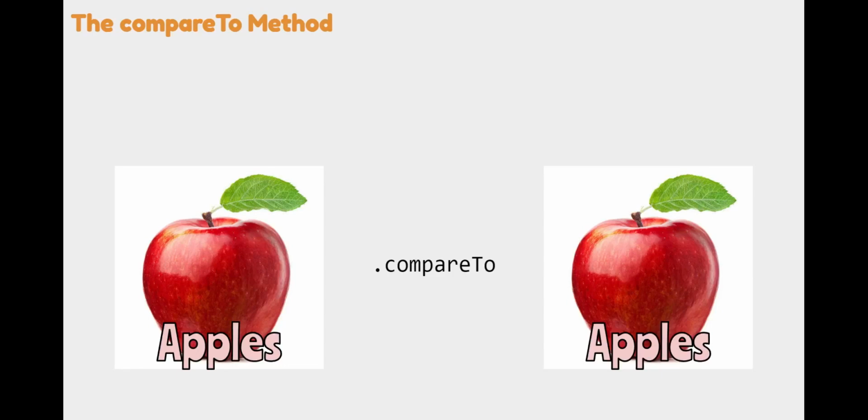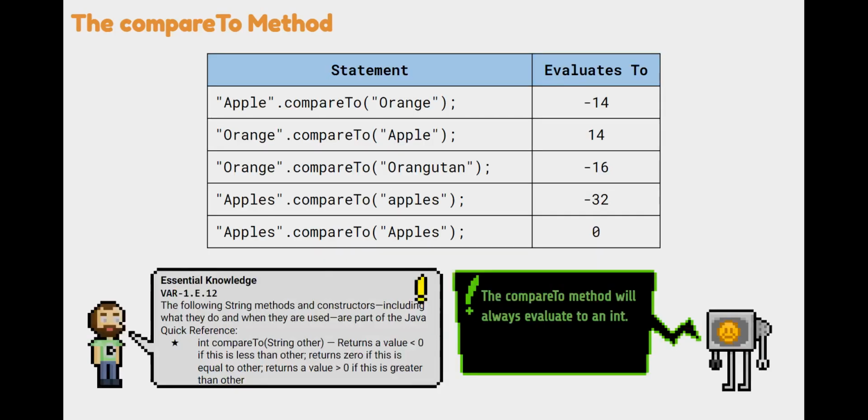Now, if we compared apples to apples and they were the same all the way through character to character, we would get a 0. So the compareTo method will always evaluate out to an int. The string calling the method determines if that number will be positive or negative or 0. This aligns with our essential knowledge that the compareTo method is a method from the string class.